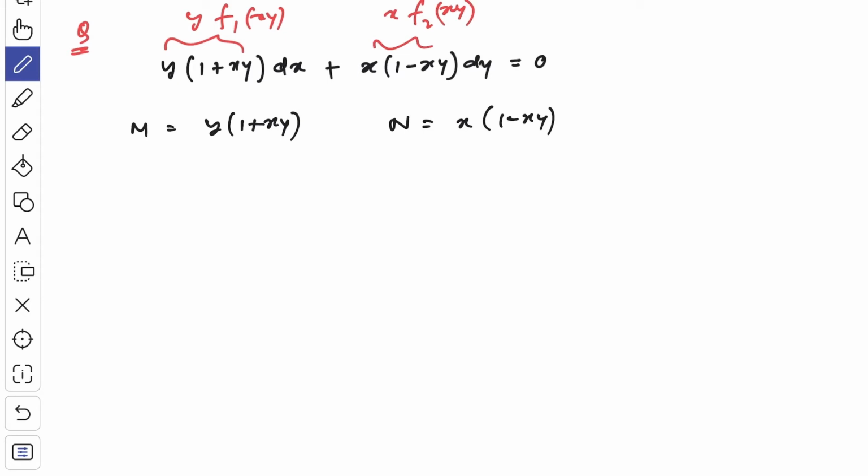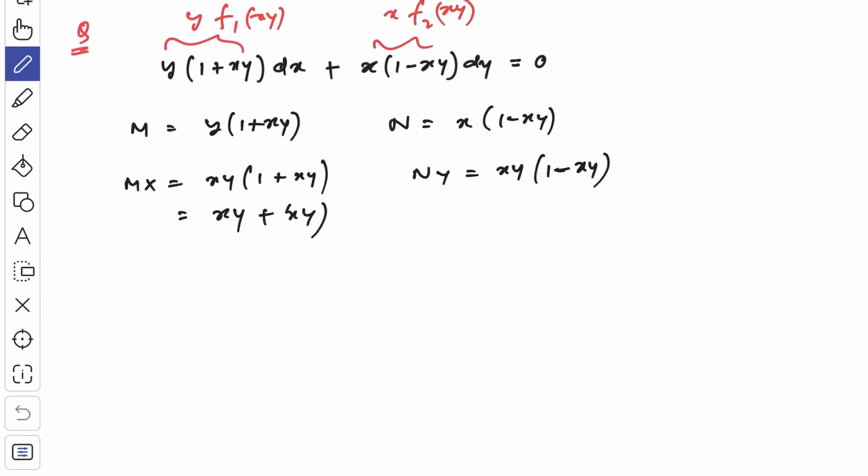So Mx will be xy (1 plus xy), and Ny will be xy (1 minus xy). If you expand these, here you get xy plus (xy) whole square, and here xy minus (xy) whole square.